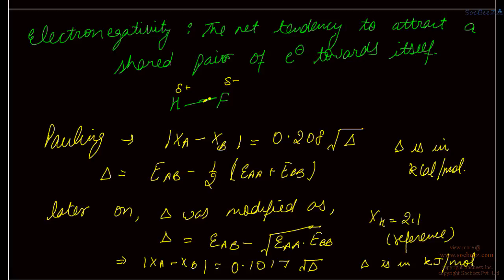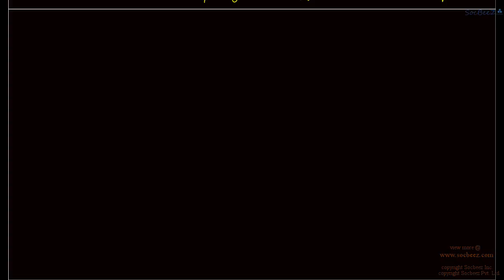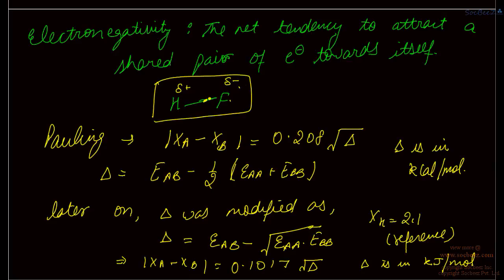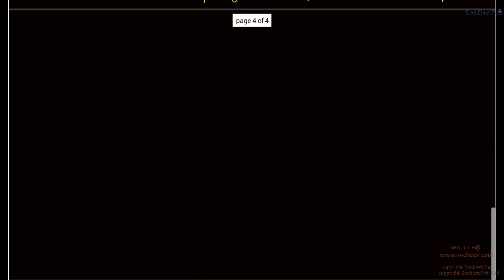Now from this expression of electronegativity difference, he devised an expression for percentage ionic character. Since in HF, fluorine has got partial negative character and hydrogen has got partial positive character, they have a little bit of ionic character in themselves.